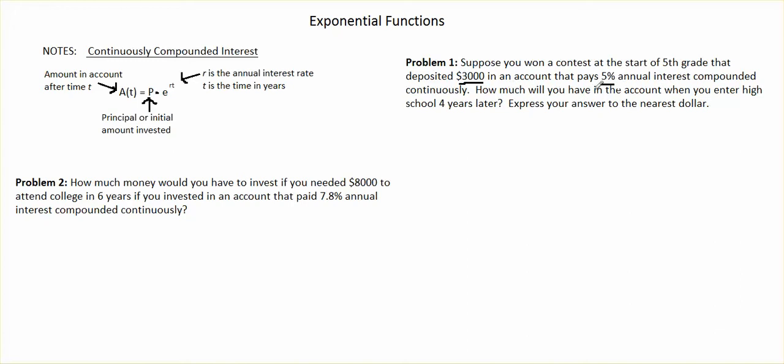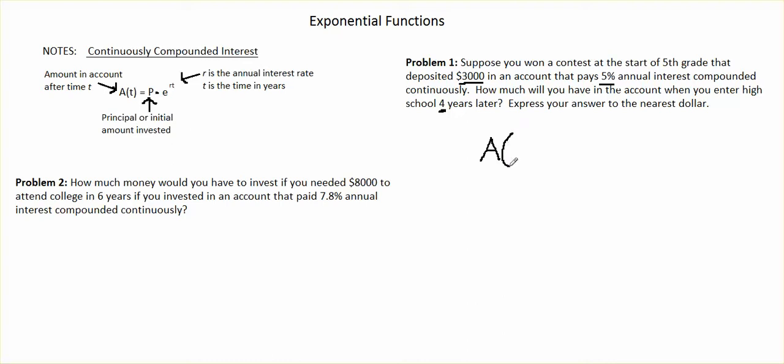How much money will you have in the account when you enter high school 4 years later? So there's our time frame. Those are the three things that we absolutely need to use this function: the initial amount, the interest rate, and the time invested. So let's go ahead and put our numbers in our formula.